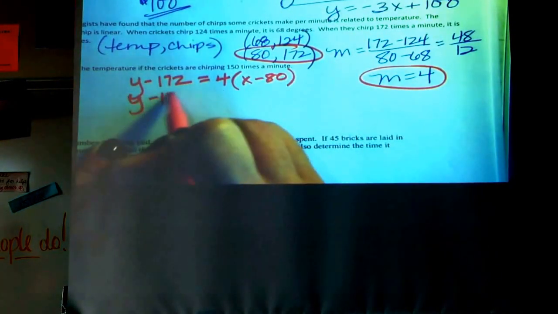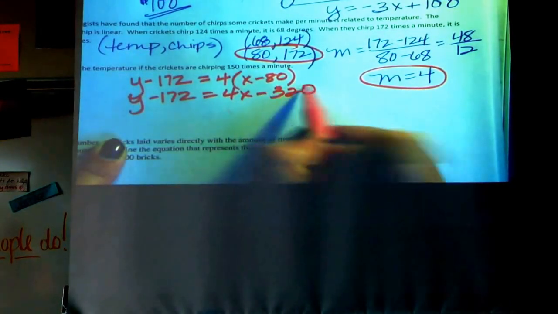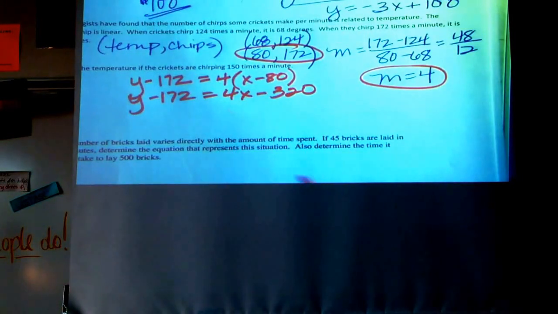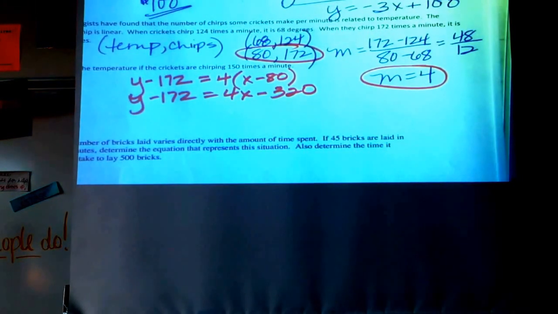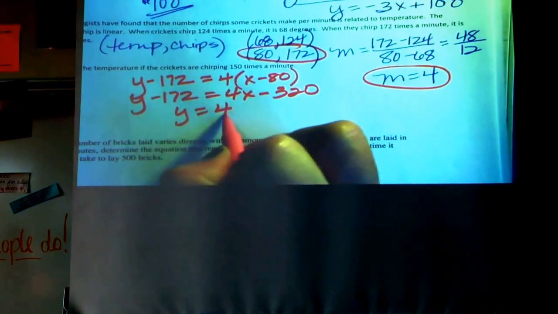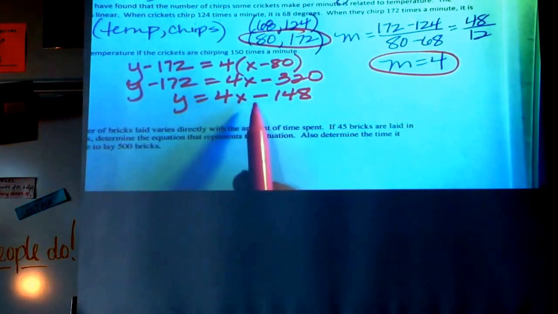If I go through and distribute this all out, 4x minus 320, if I take my 320 and add the 172 to both sides, I find, nope, it's negative 148. I find out that y is equal to 4x minus 148. So there's my equation.